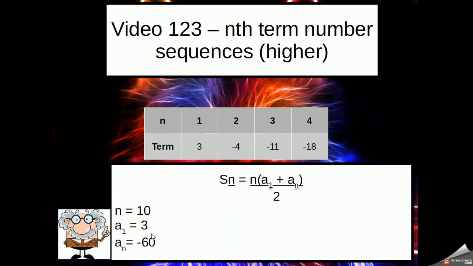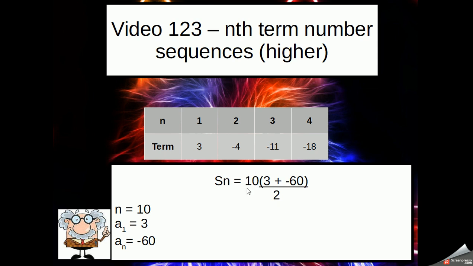So now we can go back to our big equation. We've got n is 10, the number of terms that we're looking to add together is 10. The first value is 3, and the last value, the 10th value, is minus 60. I'm going to now substitute them in.